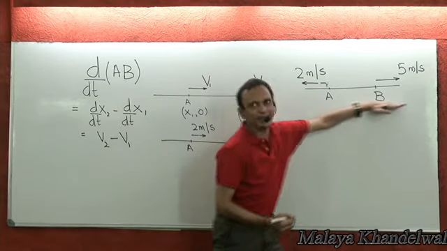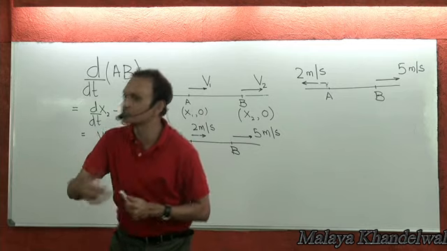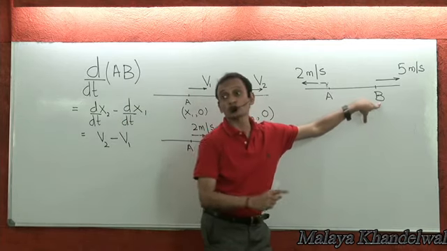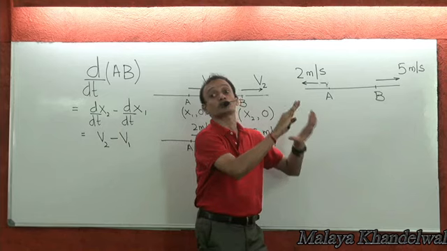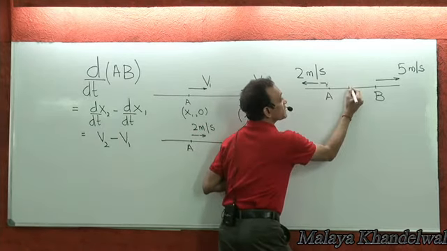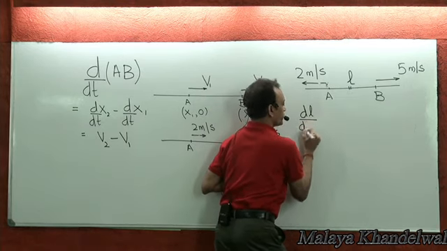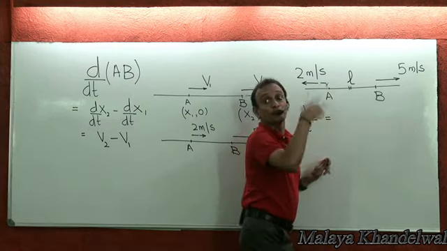And if I'm traveling from A to B to evaluate the rate at which AB changes with time, then I'll take velocity of B along AB minus velocity of A along AB. So in this case, the rate at which, let's say, L changes, this is L, the rate at which L changes with time is going to be given by velocity of B along AB.